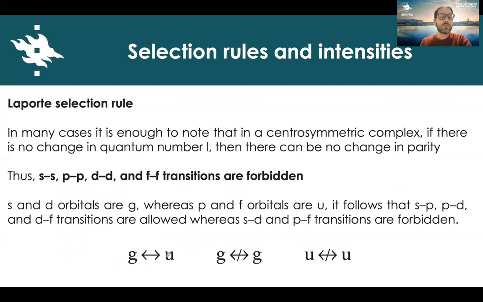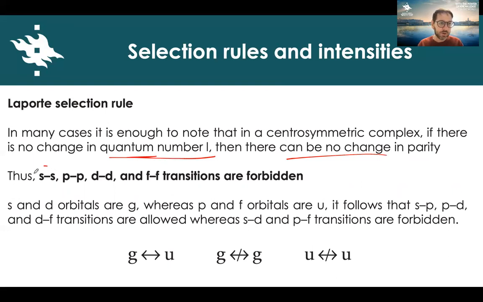Okay, but then you ask me, well, in the octahedral complex we had T2g and Eg, those terms are g, right? In an octahedral complex, which is centrosymmetric. So this is right, yes. This means that in many cases, in a centrosymmetric complex, if there's no change in the quantum number, there's no change in parity.